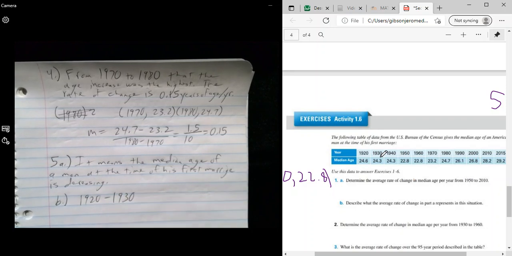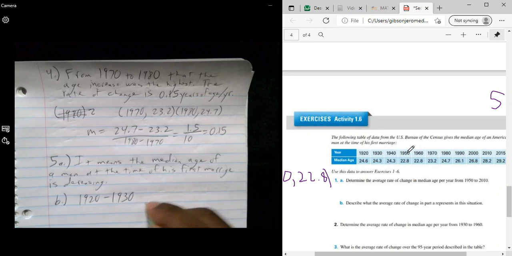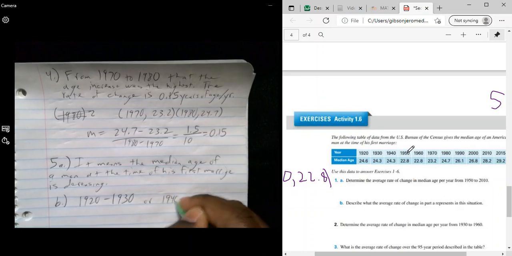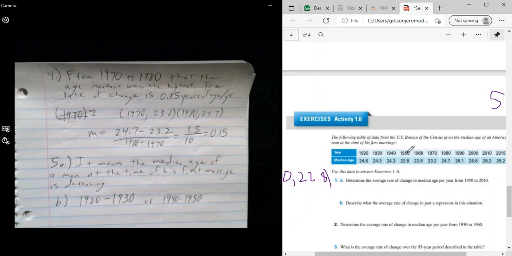That's one 10-year period. And then we could do 1940 to 1950. And I don't know if that's the last time where it decreased. Yeah, I think that was the last time that it had it decrease. So you could pick either one of those.